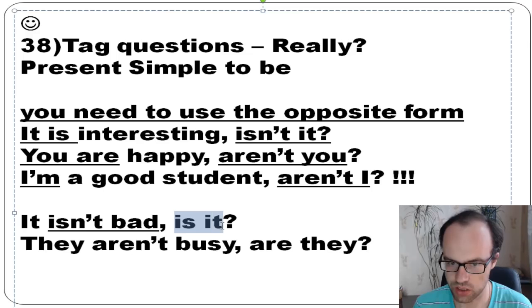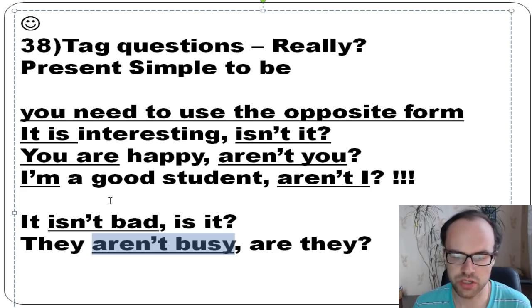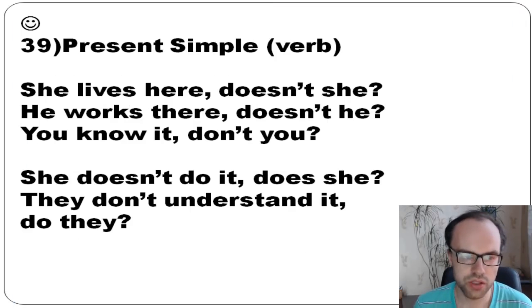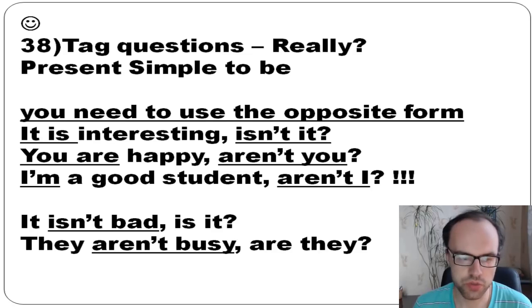They aren't busy. So you have a negative form, and if you want to ask them, they aren't busy? Really? So you need a positive form. Are they? It means really. Good.